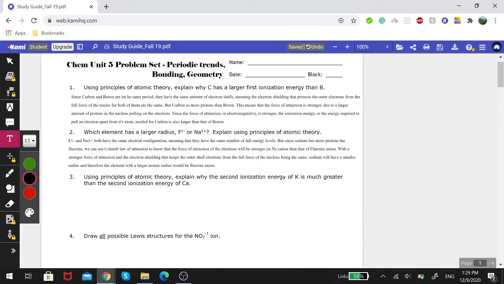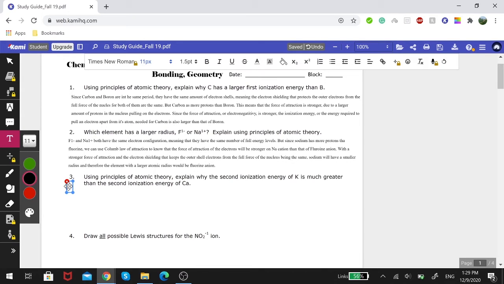Number 3, using principles of atomic theory, explain why the second ionization energy for K is stronger than the second ionization energy of Ca. Okay.